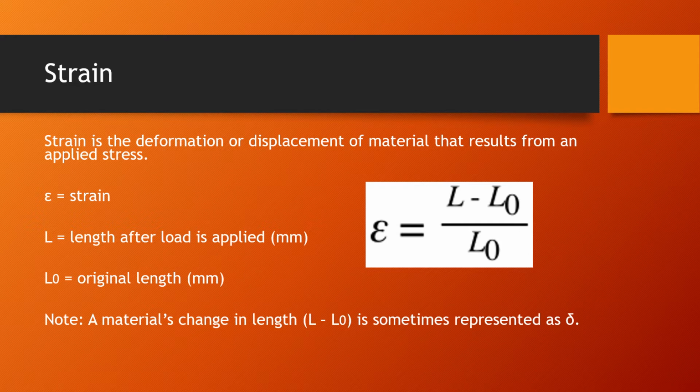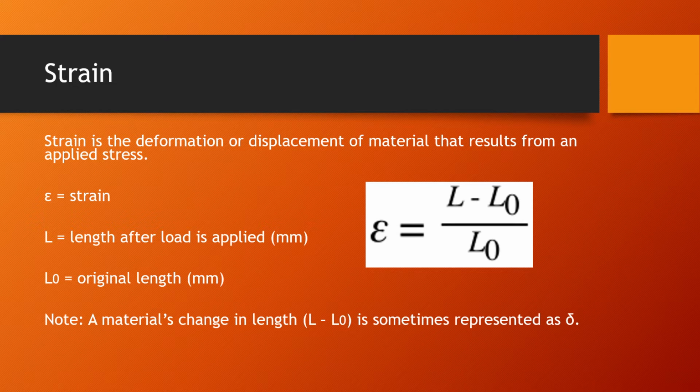Now coming to the strain. What is strain? Strain is the deformation or displacement of material that results from an applied stress. It is denoted by epsilon. Epsilon is equal to L minus L naught by L naught.